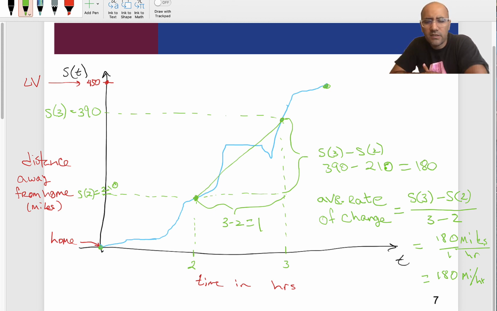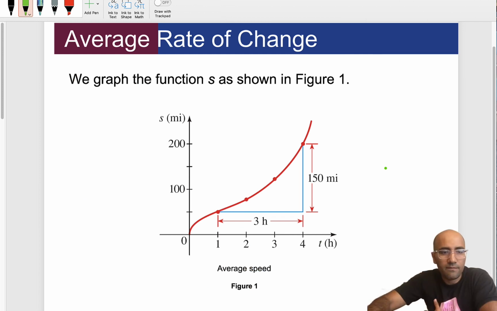A more realistic time, I think, well, I'd have to look to see. I'm not really sure how many miles Las Vegas is from here exactly, but anyway, here is another similar idea, but just an easier graph. It's not quite as detailed as the one I did, but it's still a graph that could represent a distance traveled on a trip.